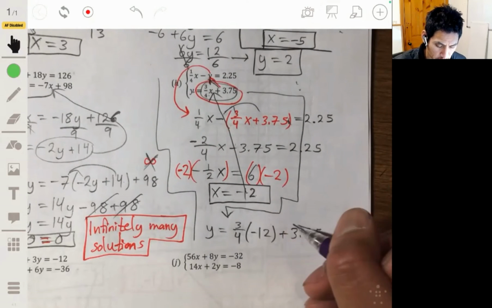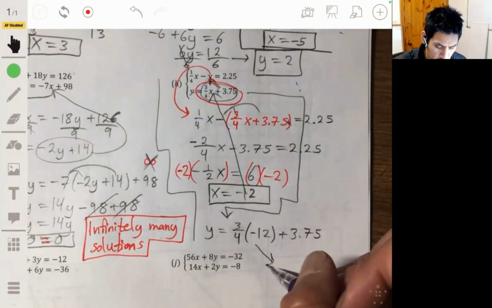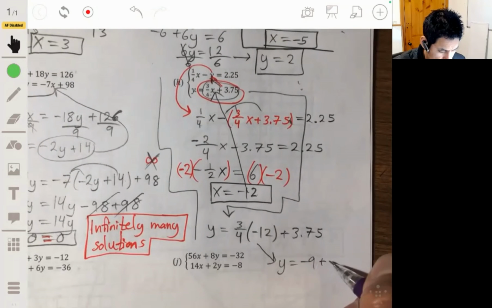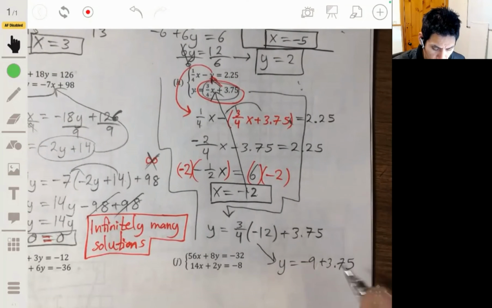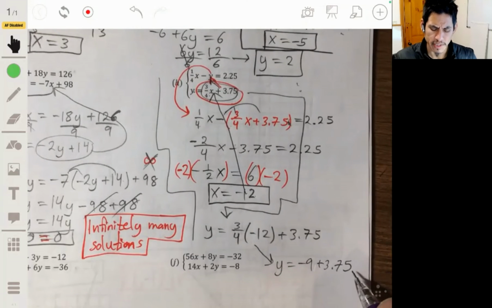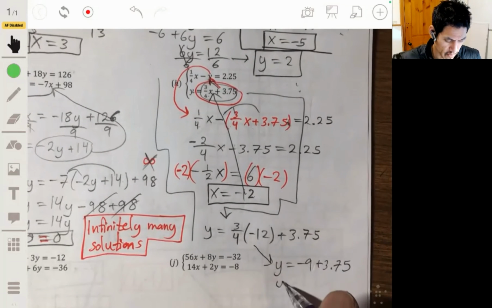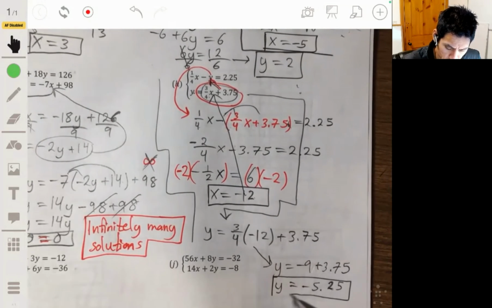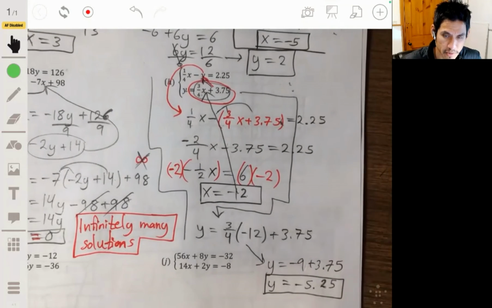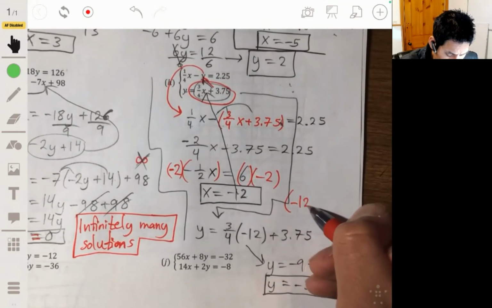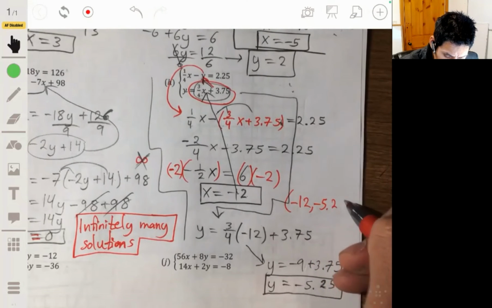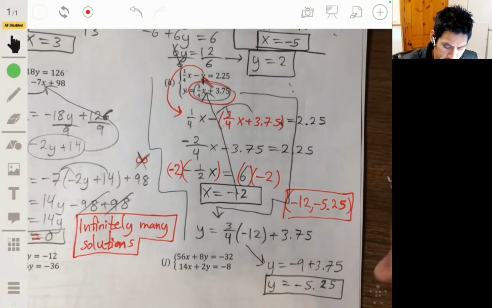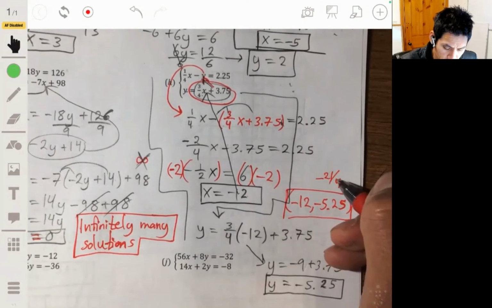In either case, we'll get y is -9 plus 3.75, which then is -5.25. And so the solution together would be the ordered pair -12, -5.25. You can also write this as -21/4 as a fraction.